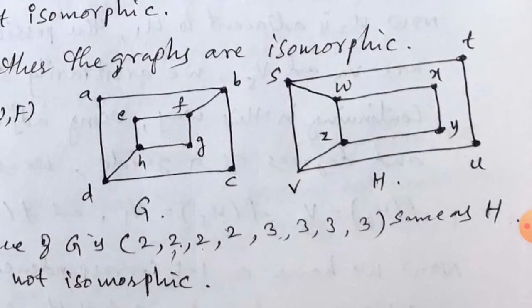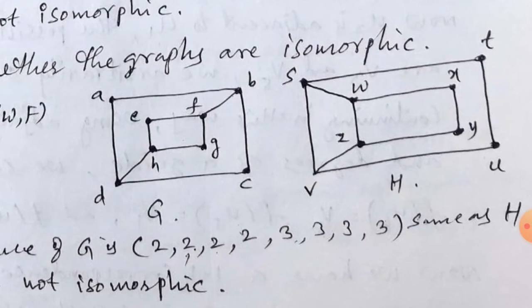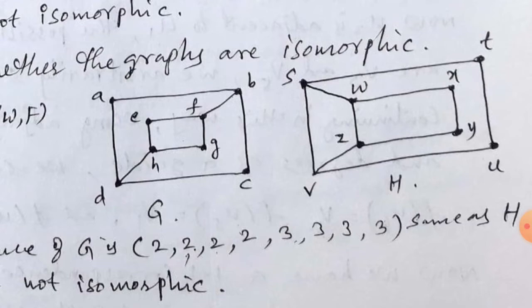Now these are the vertices of degree 2 in H. However, each of these 4 vertices in H is adjacent to another. Observe that T and U are adjacent, and X and Y are adjacent.